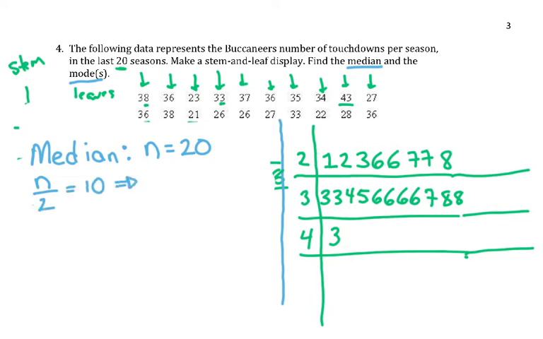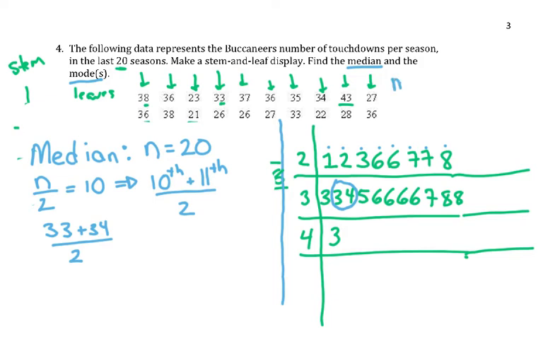So this means we need the 10th plus the 11th divided by 2. So let's find the 10th observation. 1, 2, 3, 4, 5, 6, 7, 8, 9, 10. They're right here. That will be 33 plus 34 divided by 2.